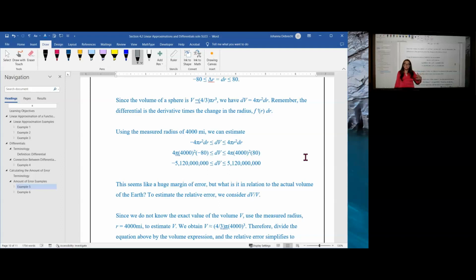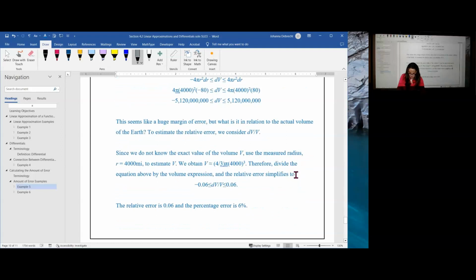We're going to divide dv by v. However, we don't know the exact value for the volume, so we're going to have to estimate it using 4,000, our measured amount, for the true value. This is going to add error, propagated error, into our calculations.